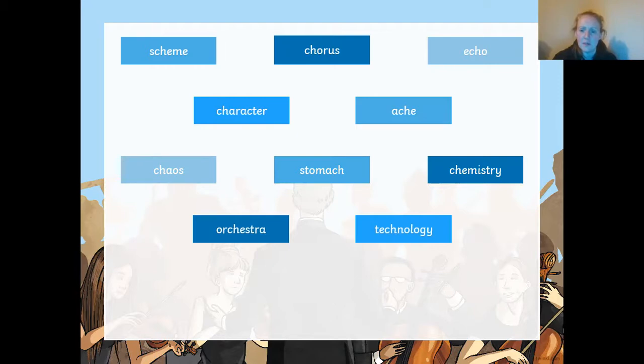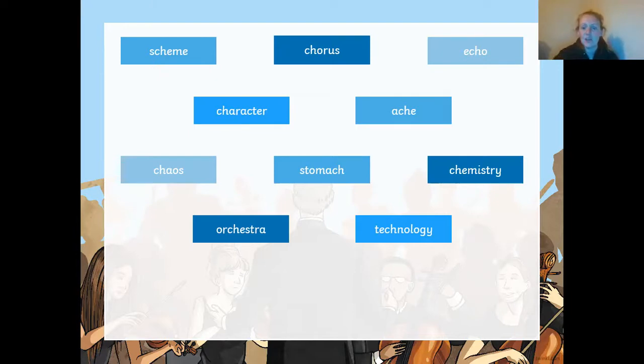This must be making a different sound because it seems like it should be a J sound. Let's try it. Technology. That's like the use of computers and lots of things cover technology. Your iPads and your mobile phones and things like that all come under the umbrella of technology, and you're really good at that. So there we go.